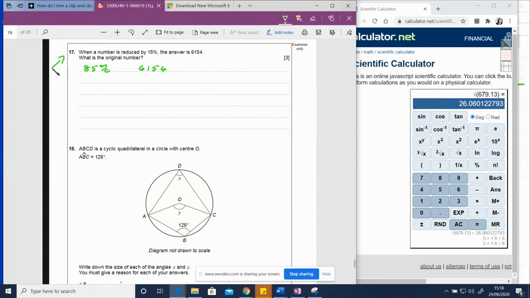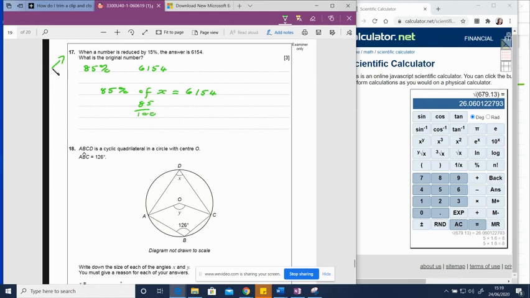Now, if we let the original number be x, we can say that 85% of x, the original number, is 6154. So let's work that out to solve the equation to find the value of x.